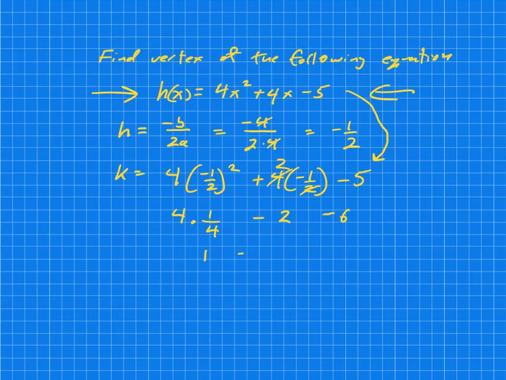We got 1 minus 2 minus 5. Guys, it's getting late. Sorry about this. Which gives us a total of negative 6. So now we have the vertex negative 1/2, negative 6.